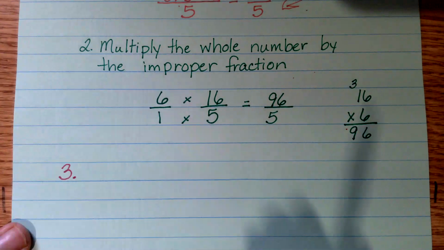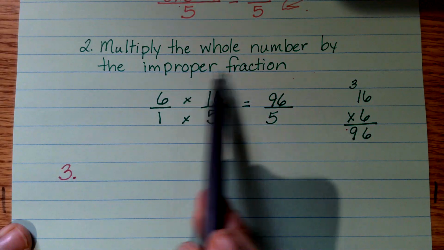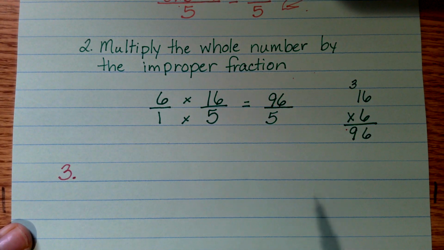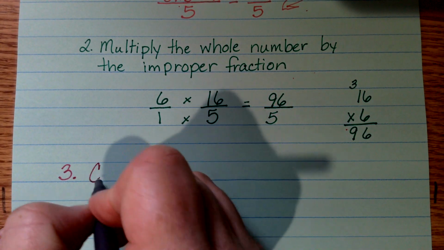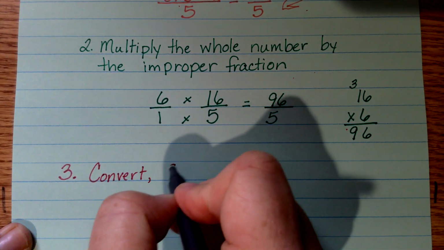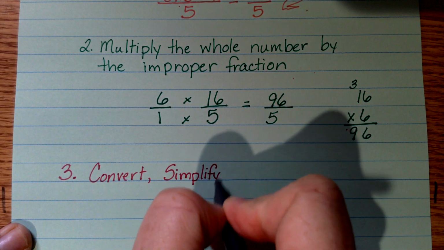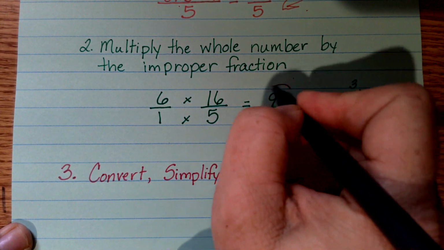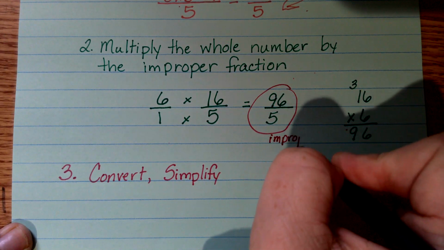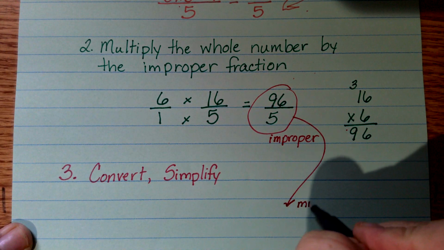It's all one step to me. So we changed the mixed number into an improper fraction. We multiply the whole number by the improper fraction, and now we have to convert and simplify. So when I say convert, what I mean is we are moving from an improper fraction down here to a mixed number.